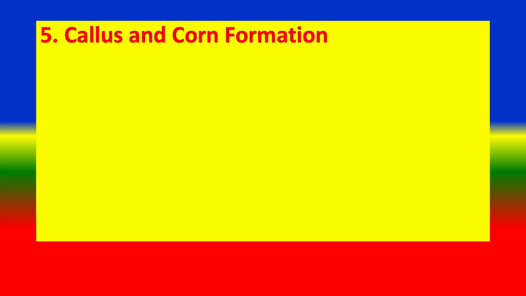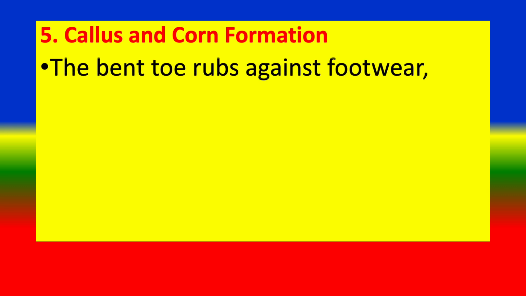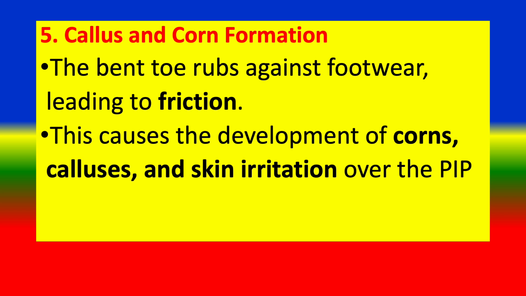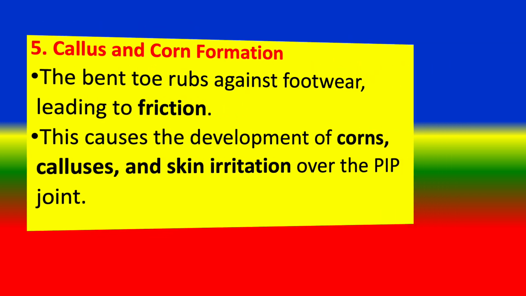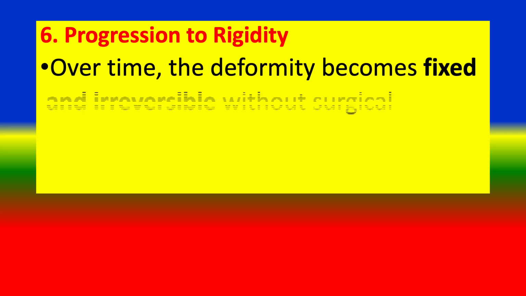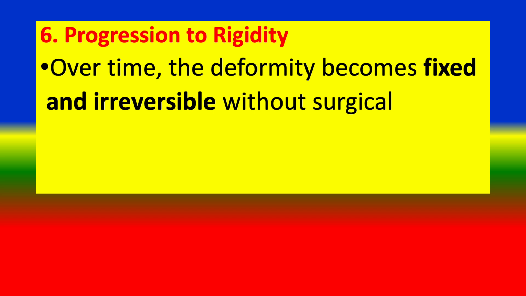5. Callus and corn formation. The bent toe rubs against footwear, leading to friction. This causes the development of corns, calluses, and skin irritation over the PIP joint. 6. Progression to rigidity. Over time, the deformity becomes fixed, irreversible without surgical correction.